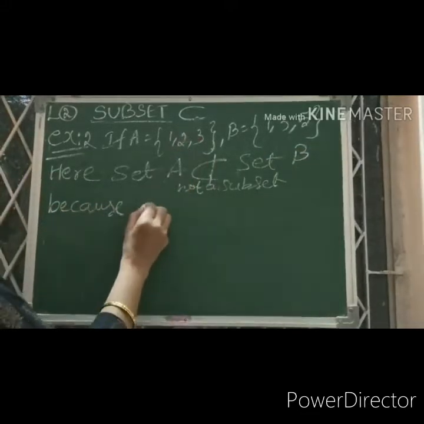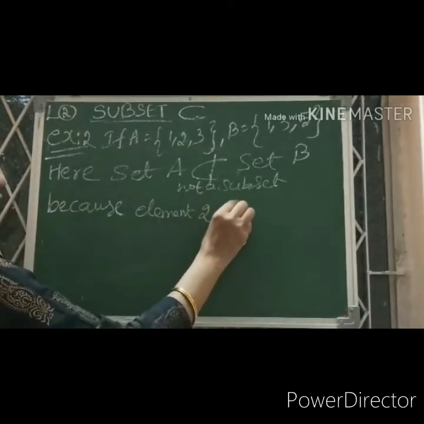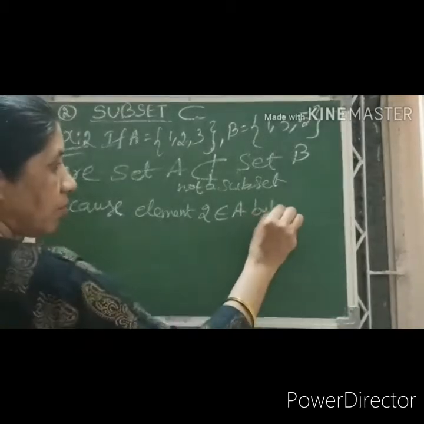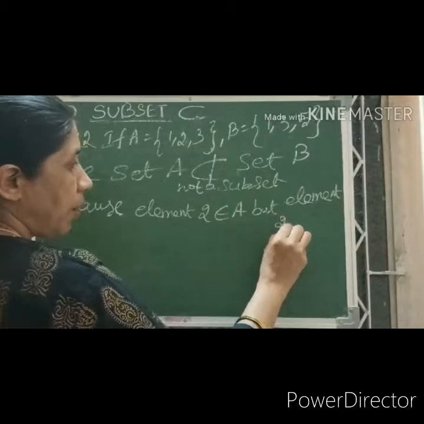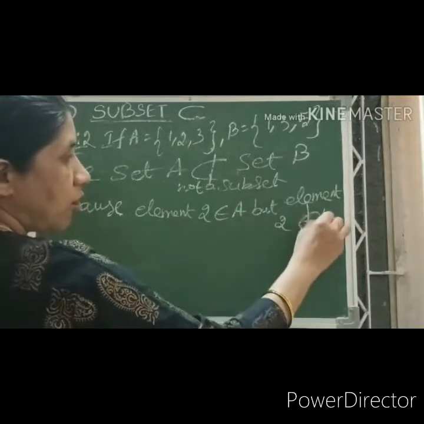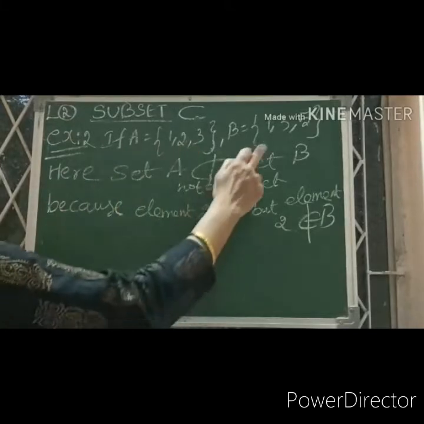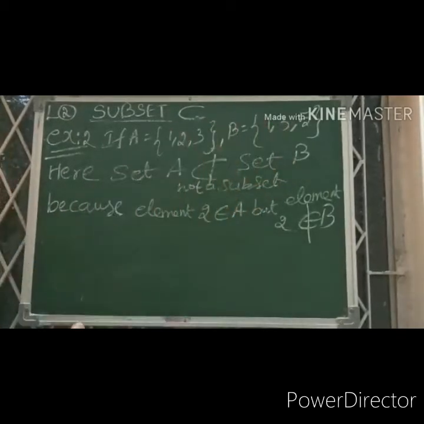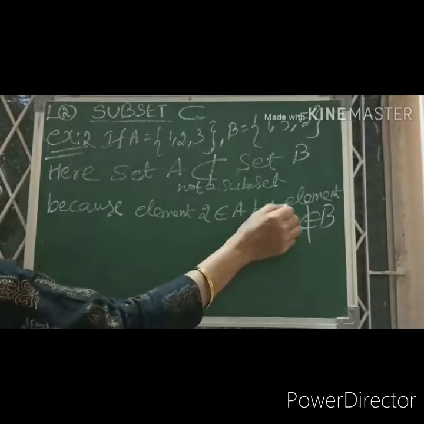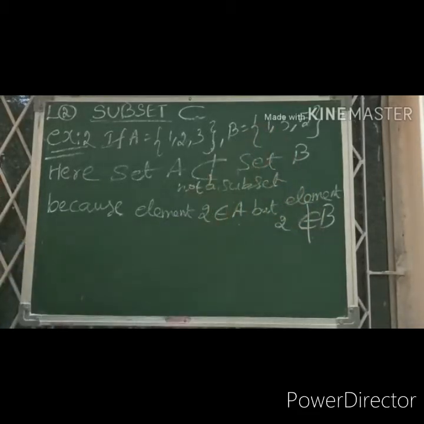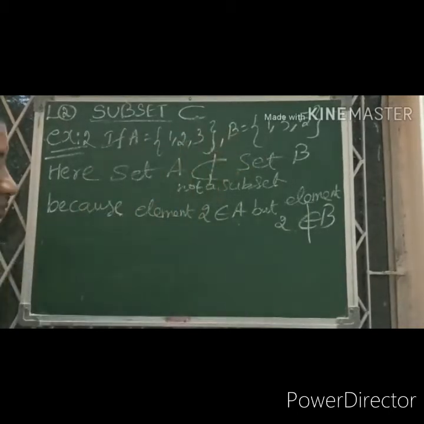Because element 2 belongs to A, but element 2 does not belong to B. In B you have 1 and 3, whereas this 2 is missing. That is why element 2 belongs to A, but not to B. Therefore, set A is not a subset of set B.